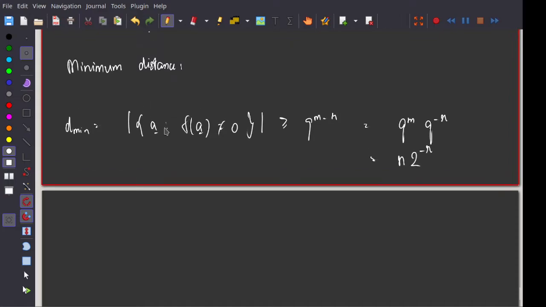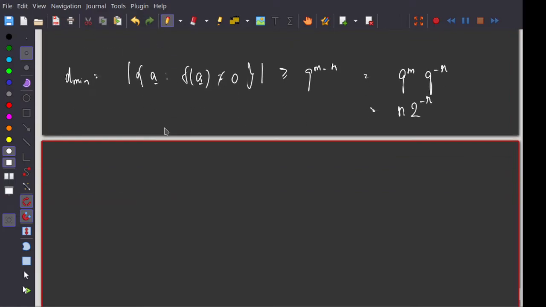Suppose that we want an asymptotic distance which grows like n times delta, some small delta.